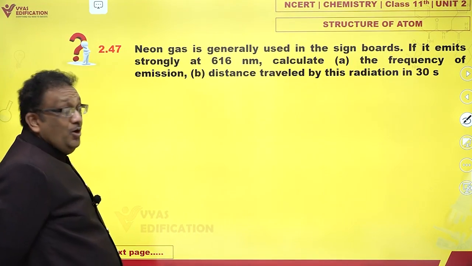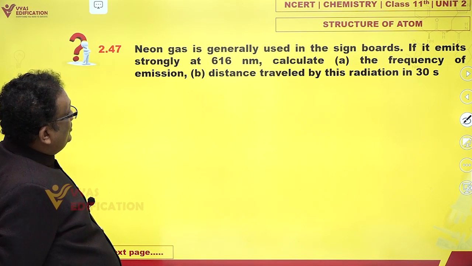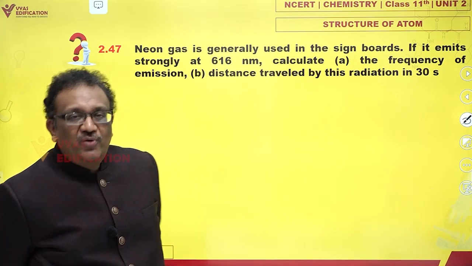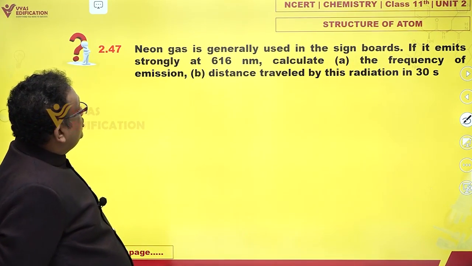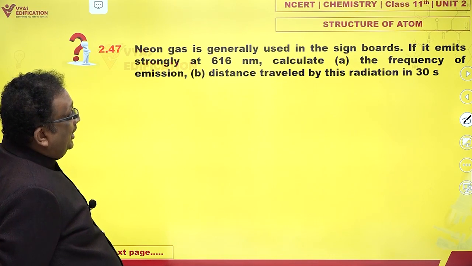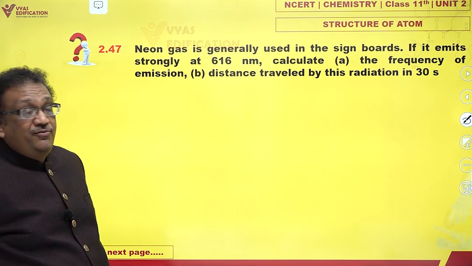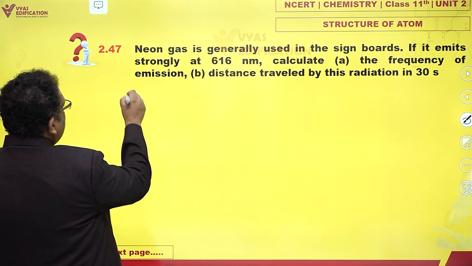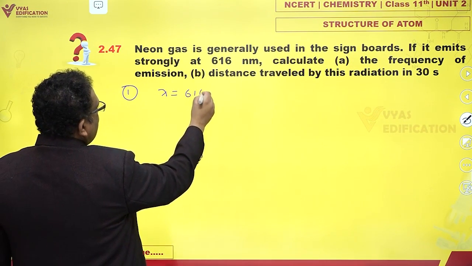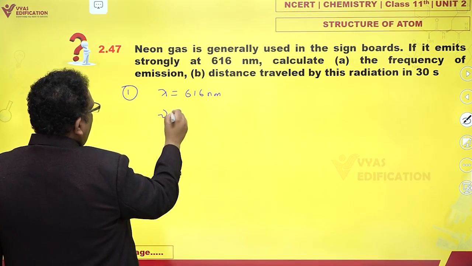There we are. Neon gas is generally used in signboards. Now this question is based on simple Planck's quantum theory and one simple formula. If it emits strongly at 616 nanometers, calculate the frequency of emission. First thing which I'm offered is that lambda is 616 nanometer, and I'm being asked the frequency.